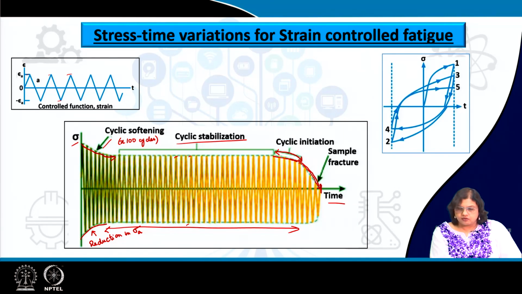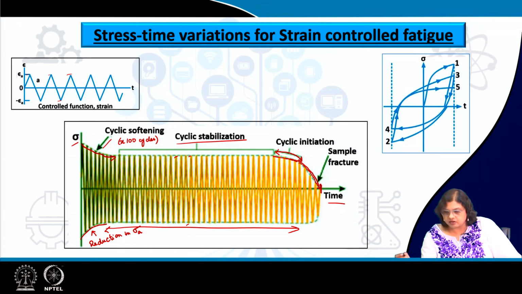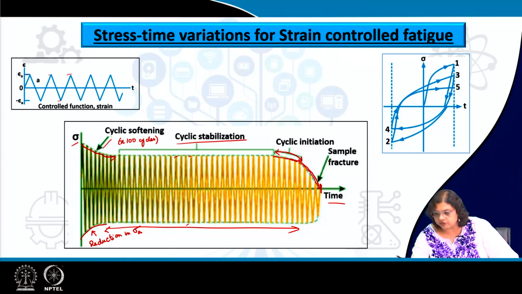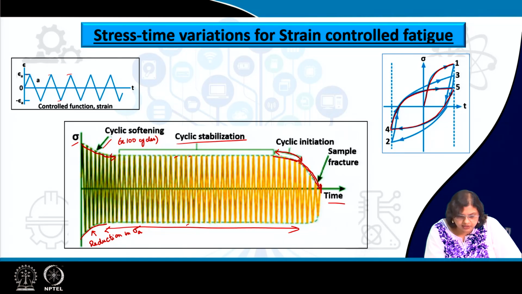And this is what is reflected in the stress strain hysteresis, which we will talk about in more detail soon. But one more thing I would like to clarify is that although we started from this one here, because of the initial softening, let us say this 4 to 5 is the one that we are seeing at this level just prior to stabilization.